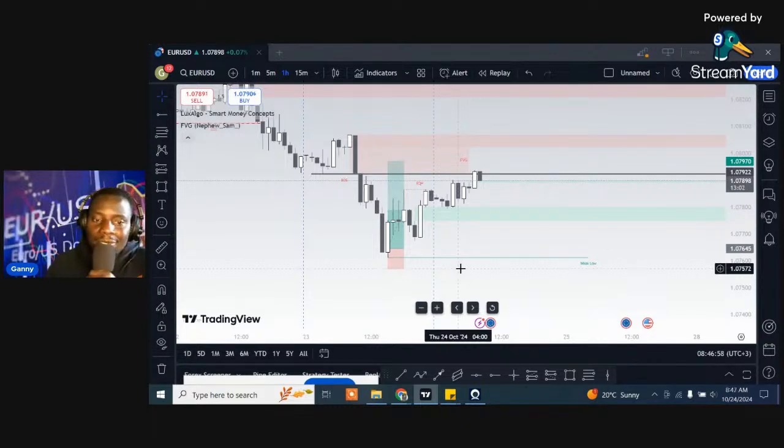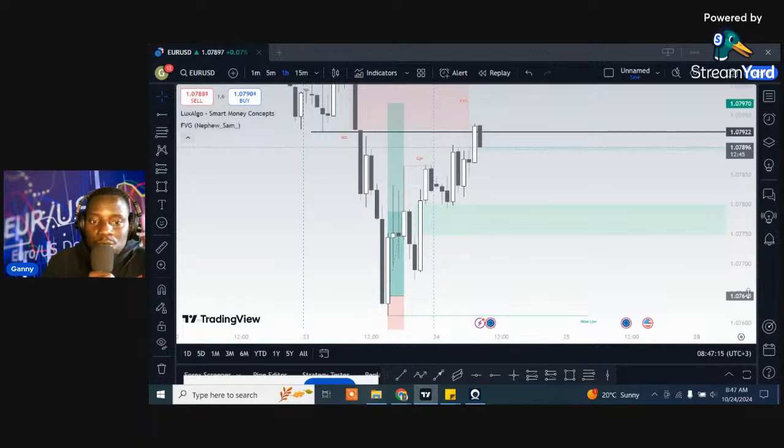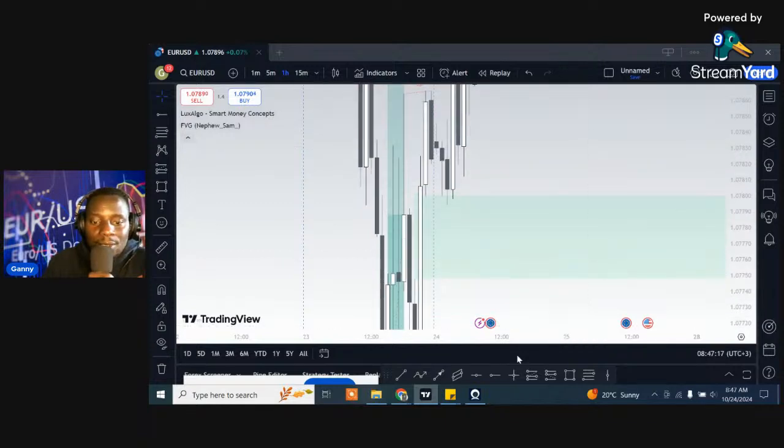Remember, an area of interest can be an equal high, equal low, a fair value gap, or an order block. So do we have any of those from yesterday's price action? Yes, we do have an area of interest, which is this fair value gap right here. So what I would do is zoom in on this so that I clearly mark out this level right here.